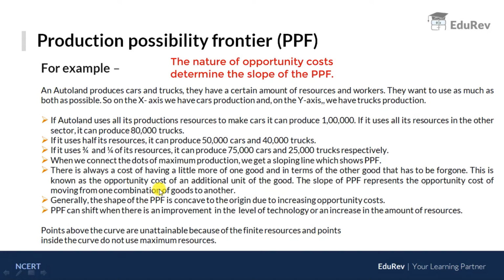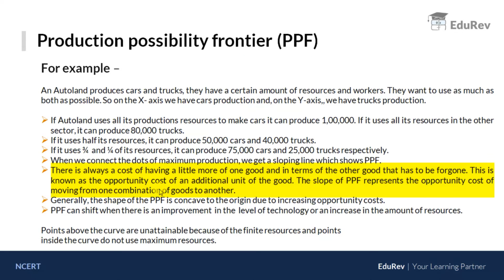What is opportunity cost? The economy has to decide which goods to produce and which goods to not produce right now, right? So when the economy produces more of a good, then the economy is giving up the production of some other good. That is the opportunity cost that society has to face, because society will not be able to consume or produce that good, as society is allocating resources to some other sector, right?